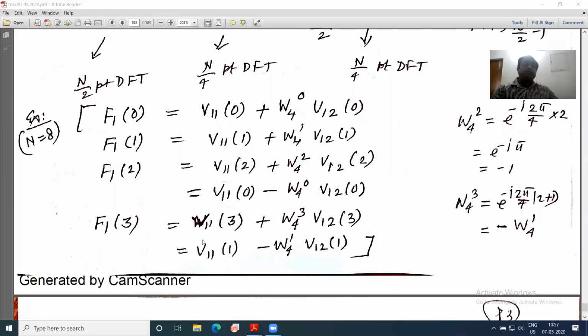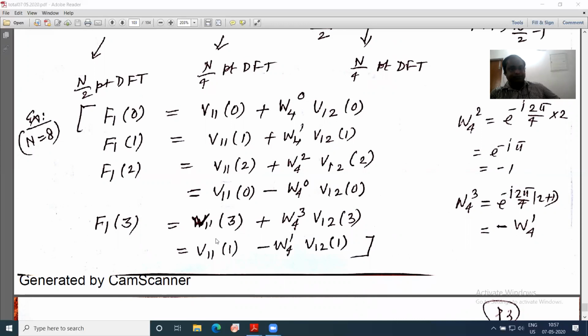Now f1 of 3 equals v11 of 3 plus W4^3 v12 of 3. Now v11 of 3 equals v11 of 1, because v11 of k is periodic with period 2.